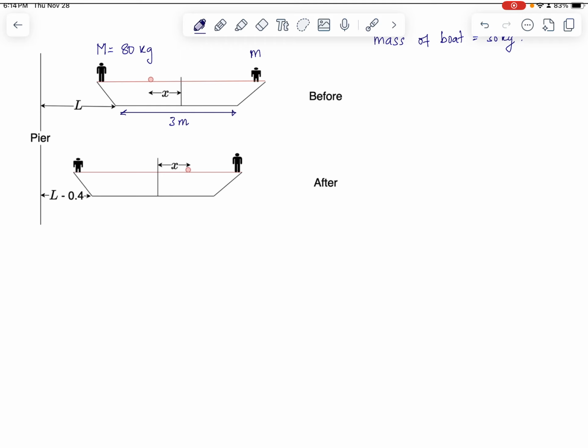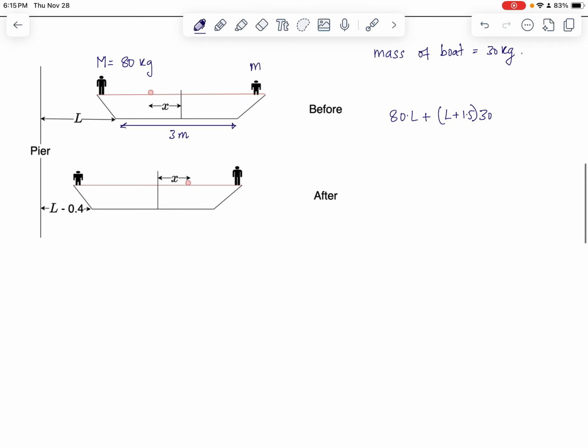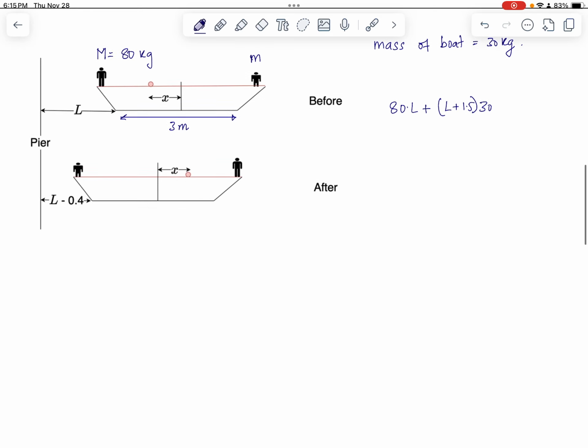So the position of the center of mass is essentially 80 times L, plus L plus 1.5 times 30, because 30 kilograms is the mass of the boat, plus L plus 3 times M, where M is the mass of the girl, and that's to be divided by 80 plus 30 plus M. So that's the position of the center of mass.